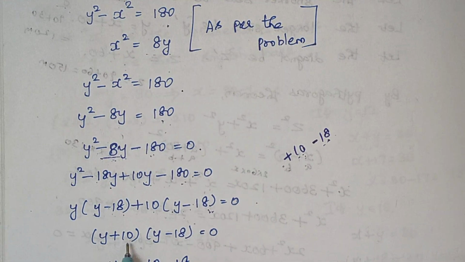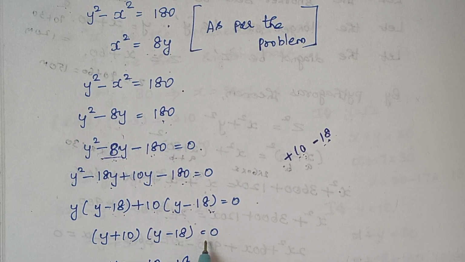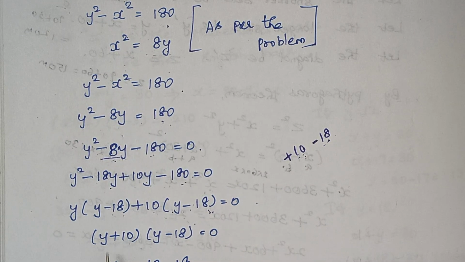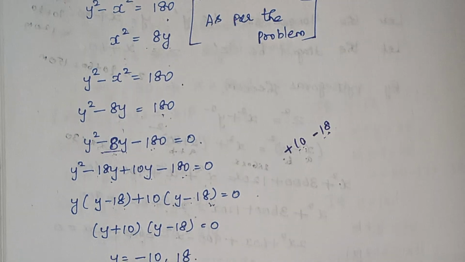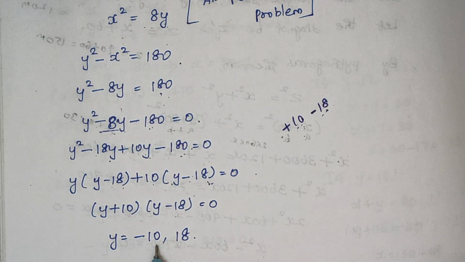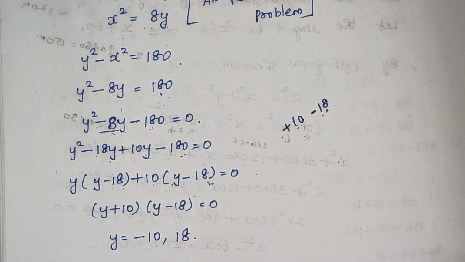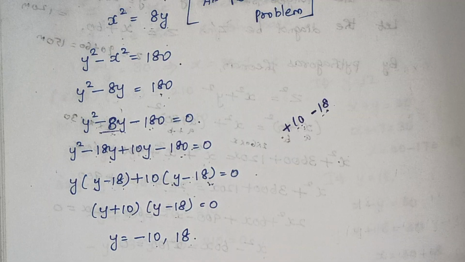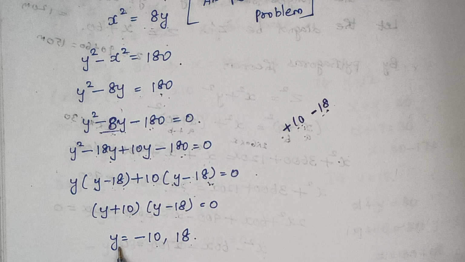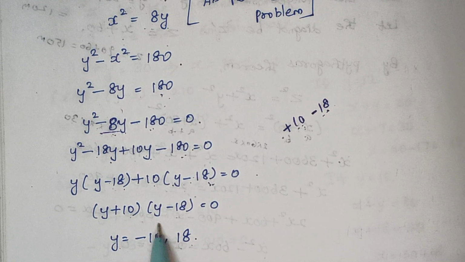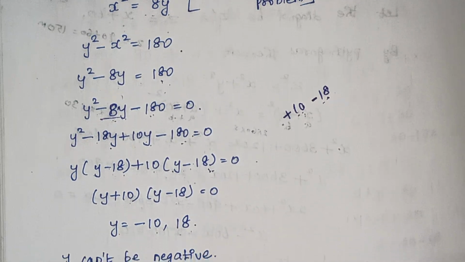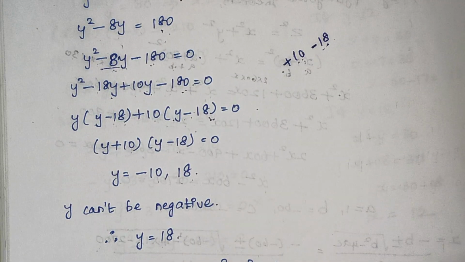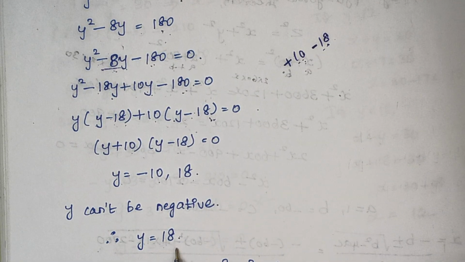Therefore, here it is y plus 10 into y minus 18 equal to 0. When you equate these terms to 0, we end with y equal to minus 10 and 18. Here we need a positive number. Therefore, the value of y is taken as plus 18 and not minus 10, since y can't be negative. Therefore, y is equal to 18.